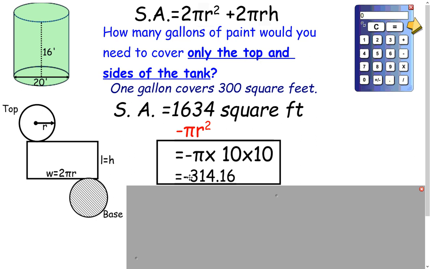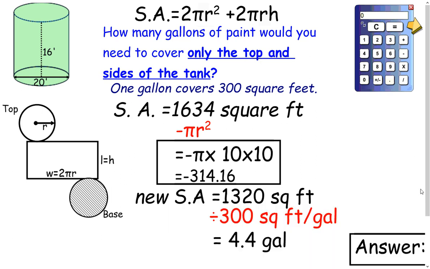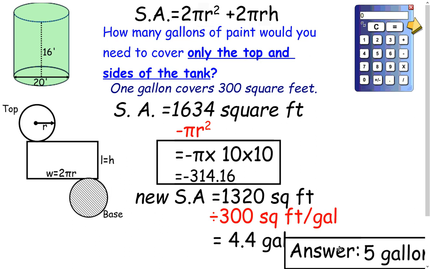We're going to subtract out 314.16 feet squared. And when we do, we end up with 1,320 square feet. Take that and divide it by 300 again, square feet per gallon, and we end up with 4.4 gallons. Then how many gallons are we going to need to buy? Again, we can't buy 0.4 of a gallon, so we're going to end up needing 5 gallons.